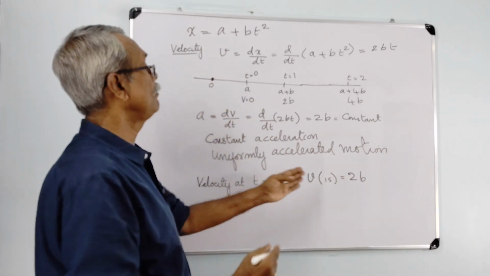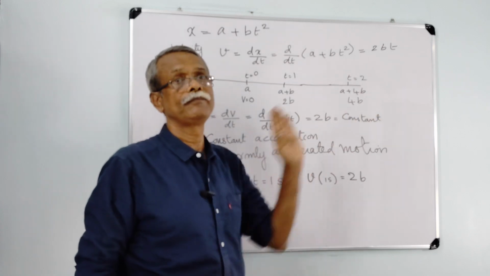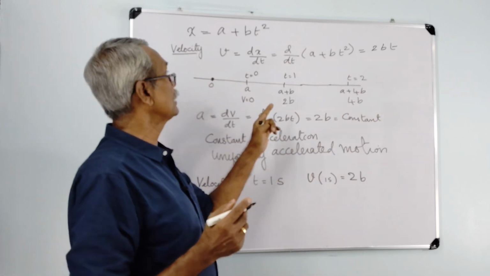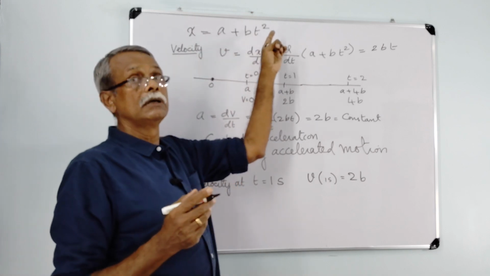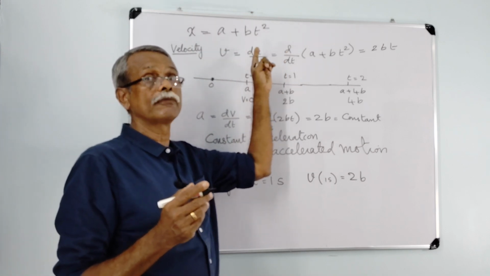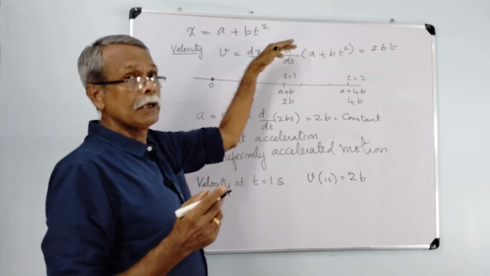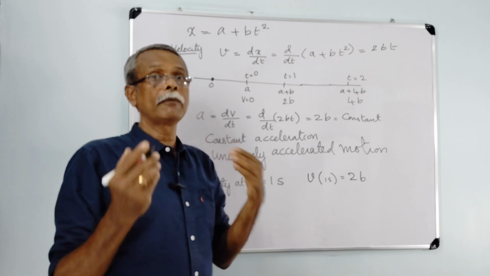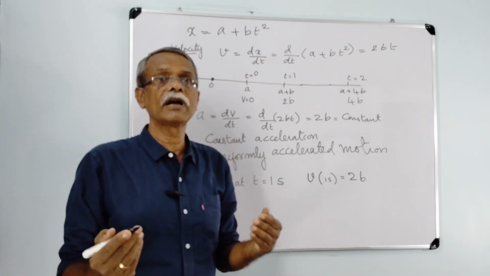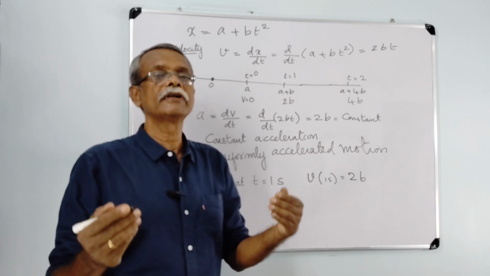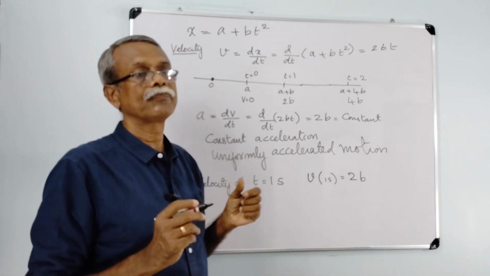Velocity at 2 seconds will be equal to 4b, like that. Therefore, the entire details of the particle can be obtained from the displacement equation, that is the equation for the position as a function of time, by doing differentiation again and again. We can start from x, differentiate once, we get v. Differentiate v once, we get a, like that.